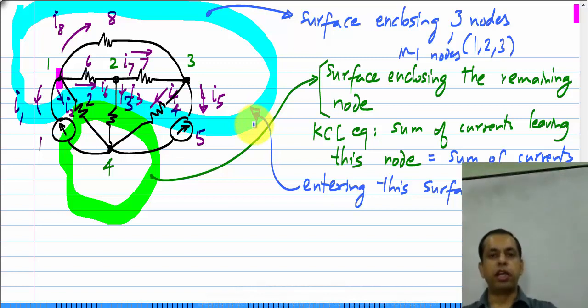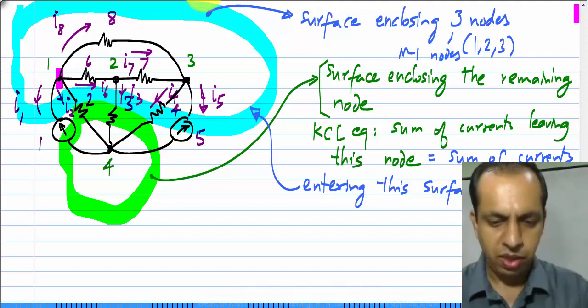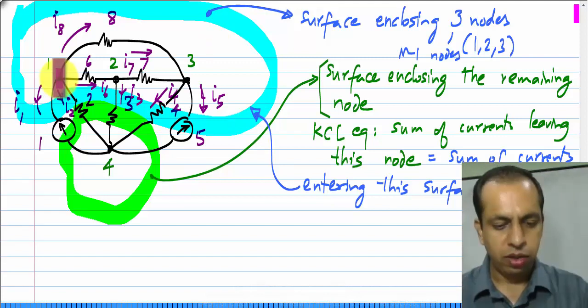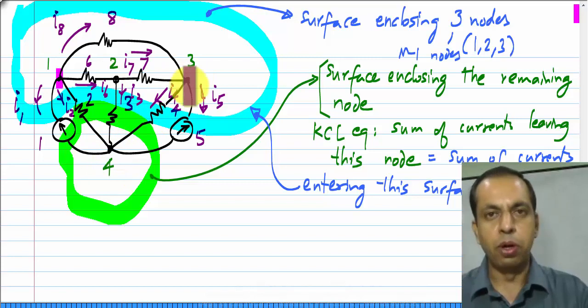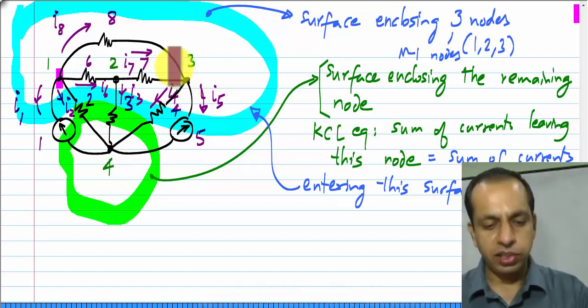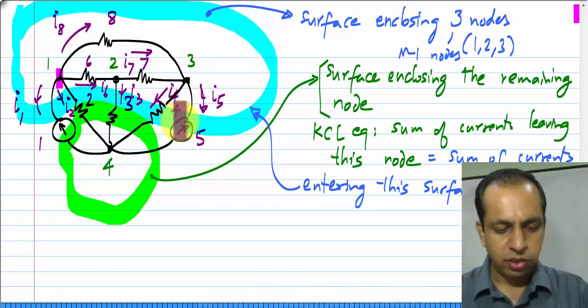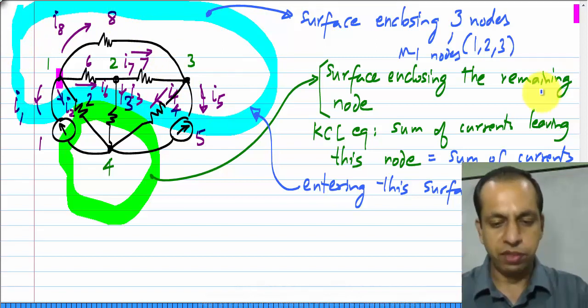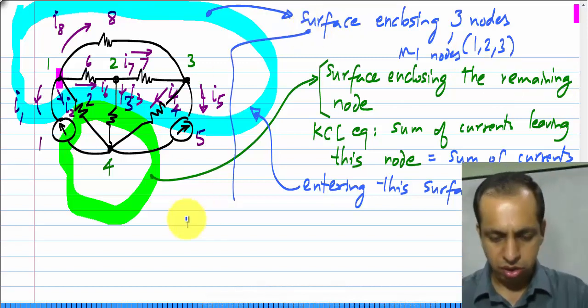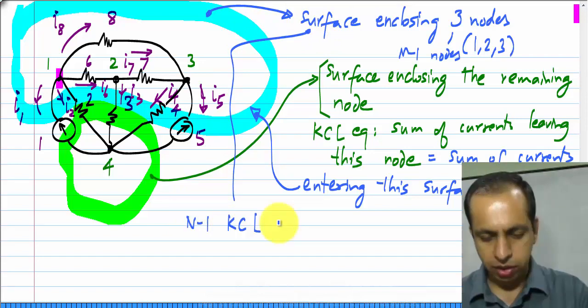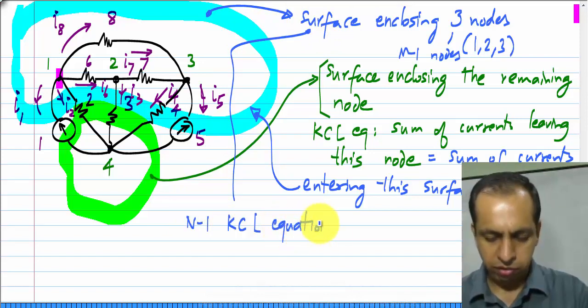Now, when we write Kirchhoff's current law for the first n minus 1 nodes, what are we really doing? We are taking the sum of all currents leaving this node and all currents leaving that node and all currents leaving that node and so on. And if you sum all of those equations together, what we get is exactly the sum of all currents leaving this blue surface. So, let us consider the n minus 1 KCL equations.